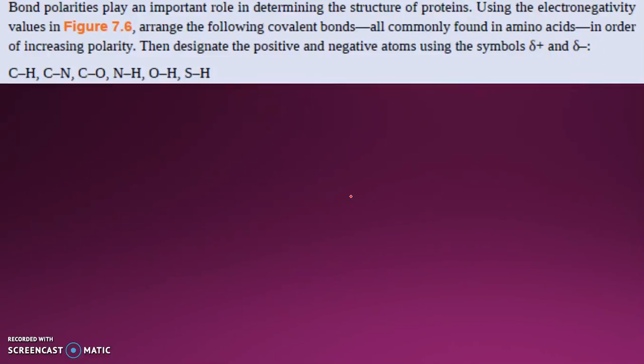So pause this for a minute, find the electronegativities on figure 7.6 in your textbook, and we're looking for polarity. So you want to find the difference in electronegativity, and then use that to put these in order and designate the partial positive and partial negative charges.